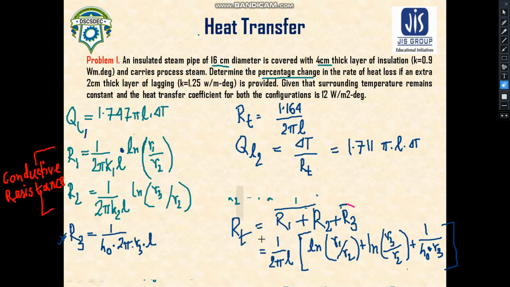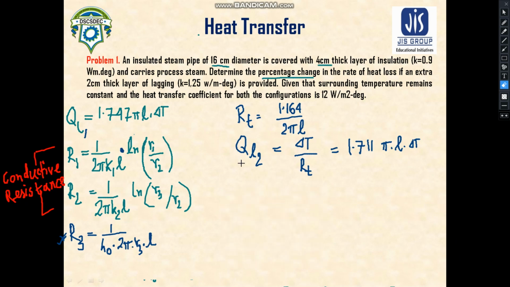So now you have got both the heat losses. Can you say in which case the heat loss is maximum? It is very easy to say that the first case has the maximum value. In the first case the heat loss was maximum, and here the heat loss has been reduced.